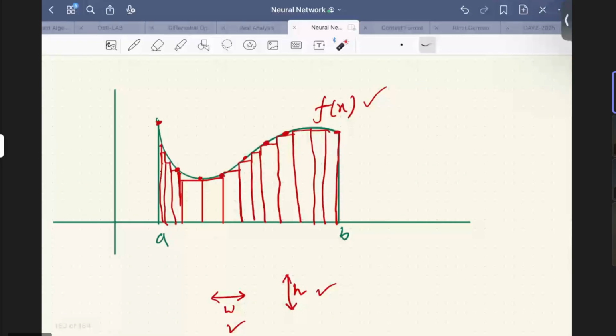That is our final goal. I don't care about these lines and these lines. I need only this one, because I know where it is, the width of this one, the height of this one. This is the only thing I require.